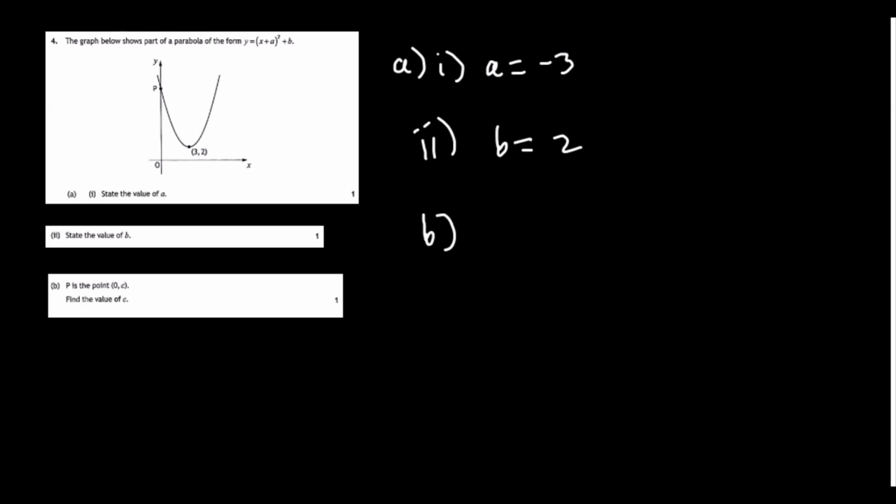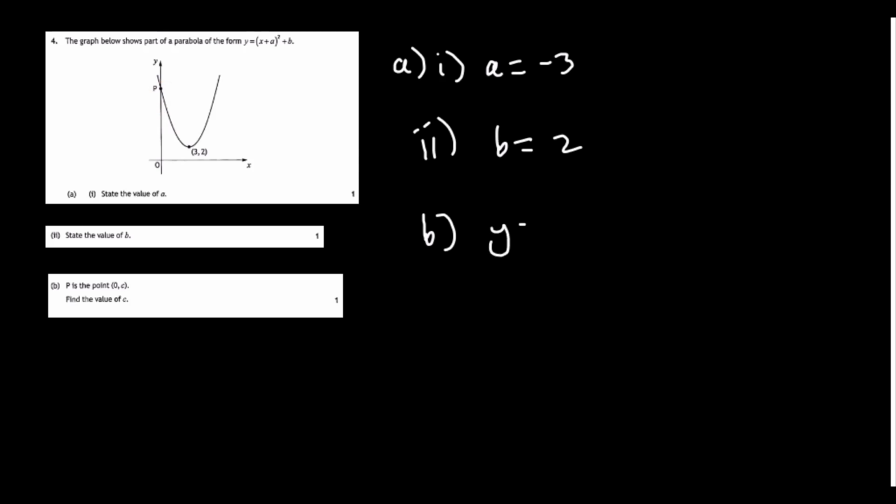Part b: P is the point (0, c), find the value of c. Okay, so P is just the y-intercept of the parabola. So to get the y-intercept, we just plug in x equals 0 into the equation.